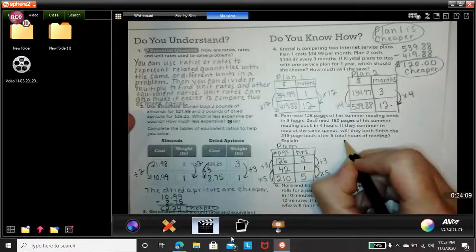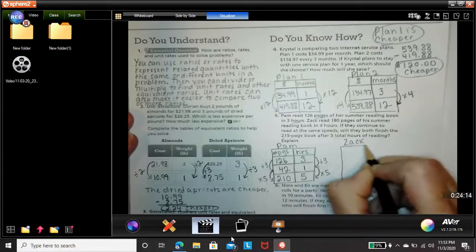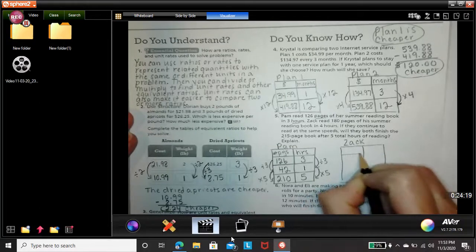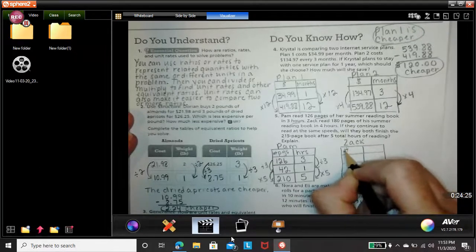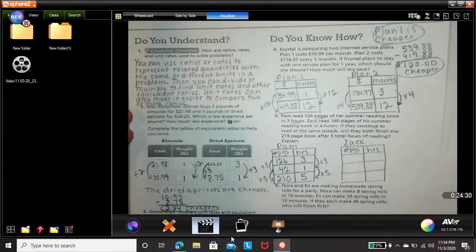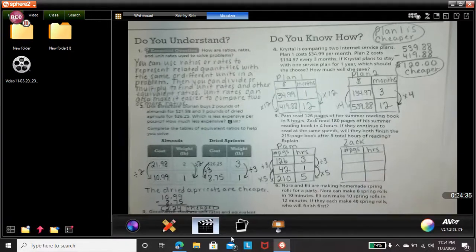Let's take a look at Zach. Take a moment and draw a very similar table here to Pam. And I'd like you to fill in those top 2 boxes, that first row underneath pages and hours for Zach, and you'll have to go back into the passage to get your information.